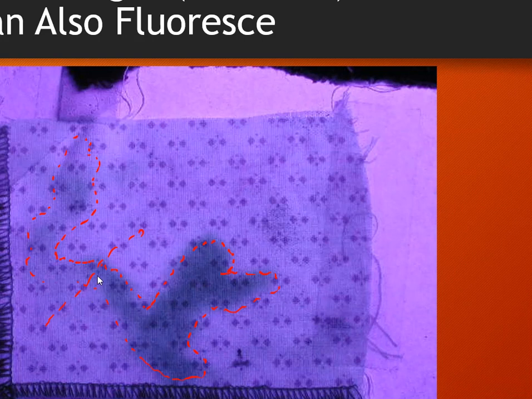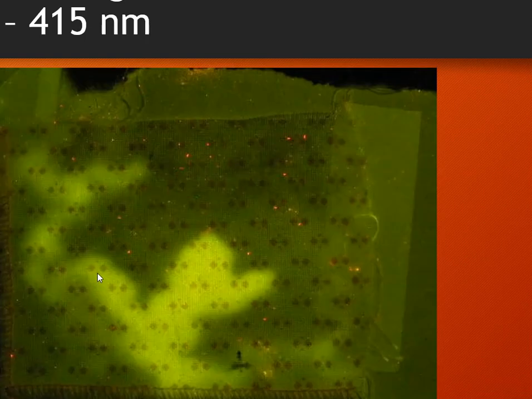But that's not our only choice, right? I can also turn this light on, and this is 415. So, 415 specific. What was special about 415? Well, we talked about it. 415 was the lambda max.